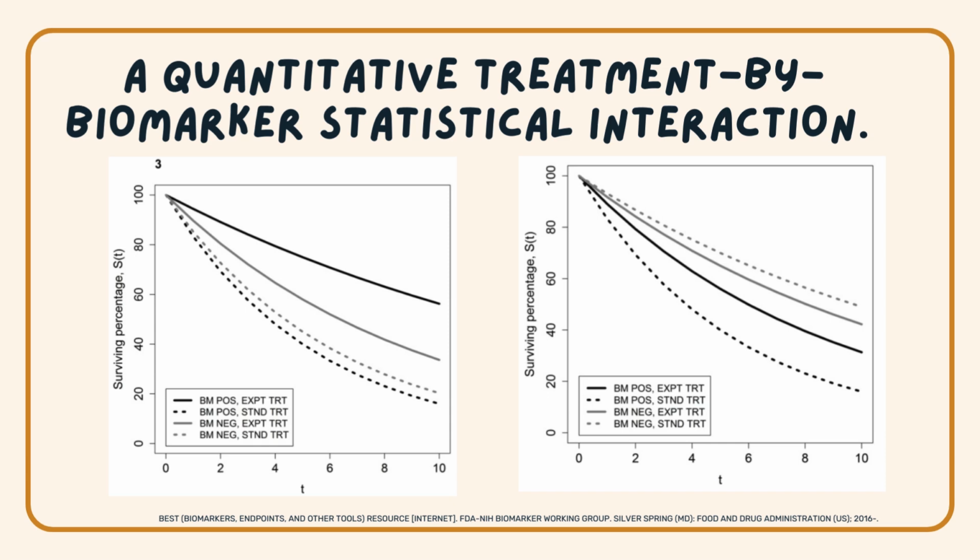However, in the other case, for the patients who are positive for the biomarker, survival is better than their negative group. But if the patient group is biomarker negative, you can see the standard treatment actually has a better survival range than the experimental therapy.